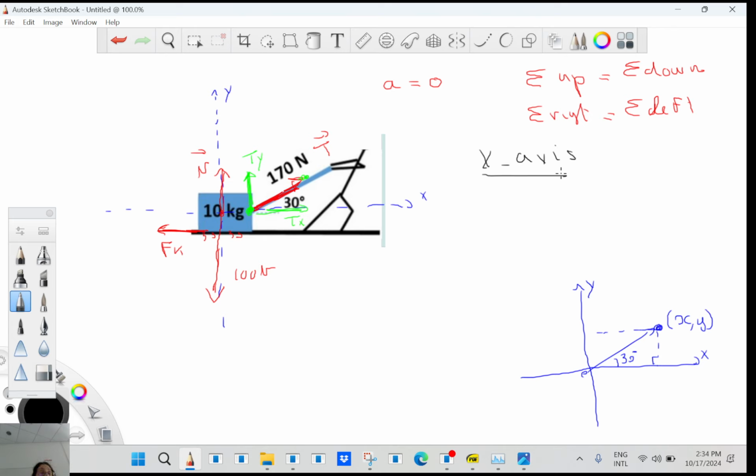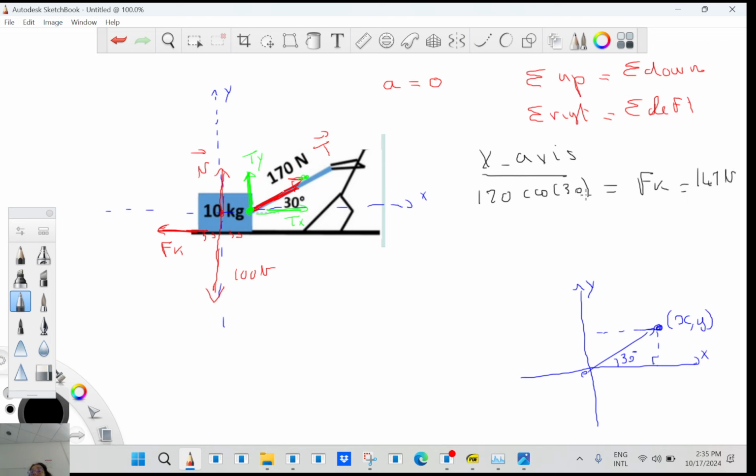Only the x component of the tension is making the forward motion happen. So T_x, the x component, is going to be 170 cosine 30, right? And what is pulling to the left? The kinetic friction. You see, that's not that hard. Then you take your calculator, 170 cosine 30, 147.